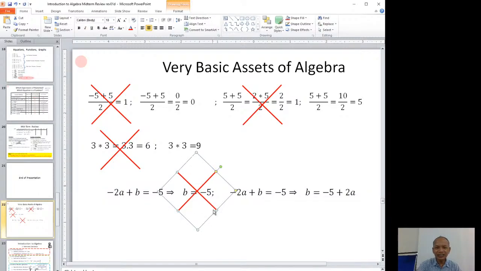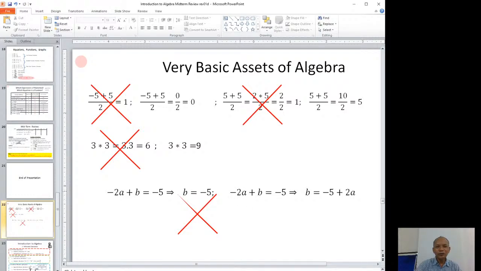Why you write like this? It should be like this: negative 2a plus b equal negative 5, imply then you rewrite it b equal negative 5 plus 2a.